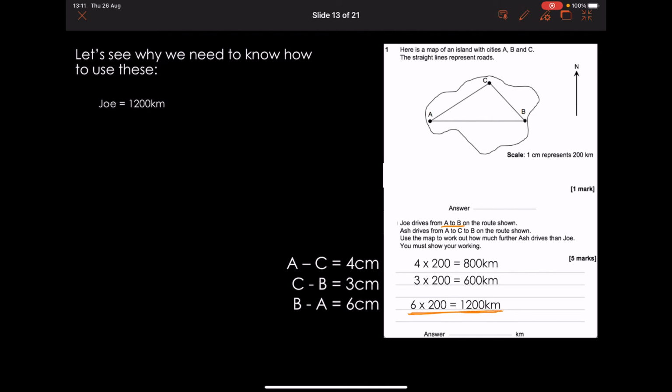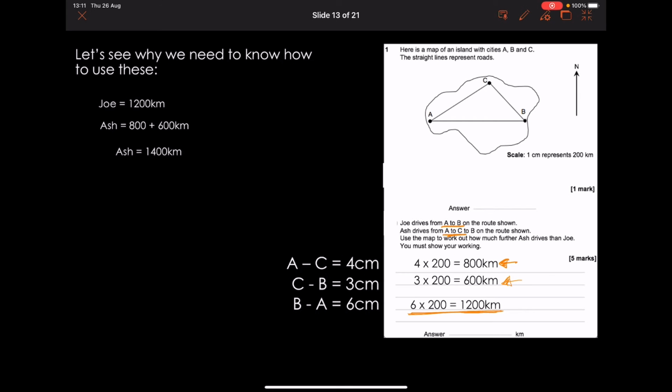So I've written that down. I'm then going to work out what Ash travelled. And Ash travelled from A to C, which was 800 kilometres, and then from C to B, which was 600 kilometres. So if I add them together, Ash travelled 1,400 kilometres.